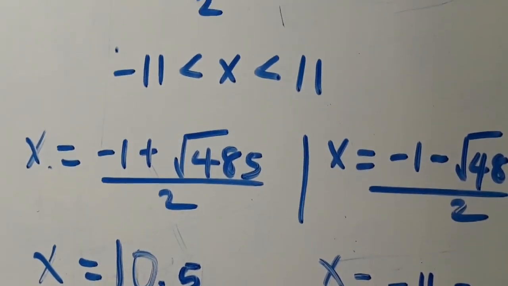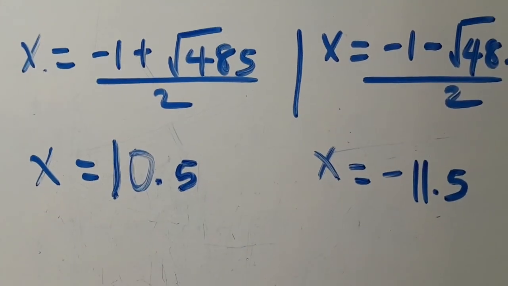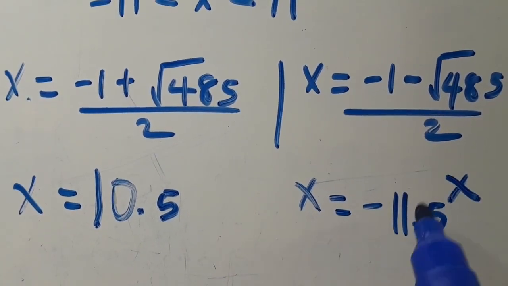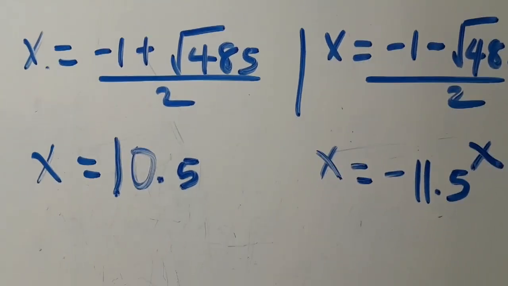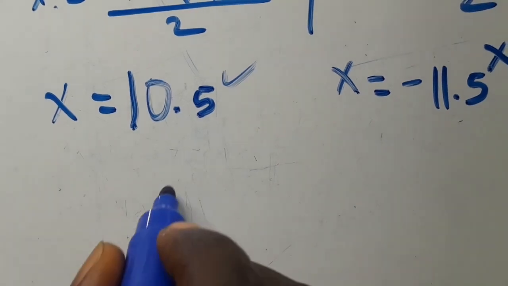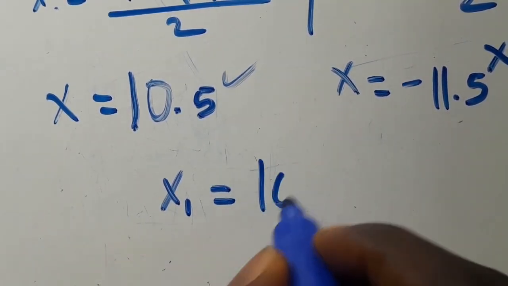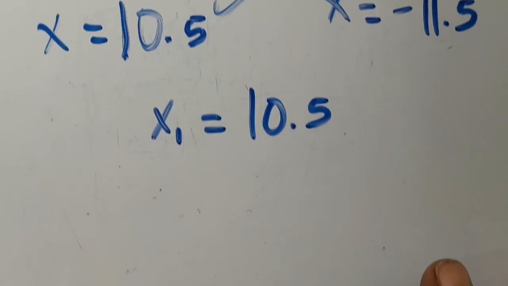So from this condition, we can see that we are going to reject this because minus 11.5 is not within the condition. So we take this. Then also, let us recall from the second problem. So from here, we can declare that we have x1 equals 10.5.